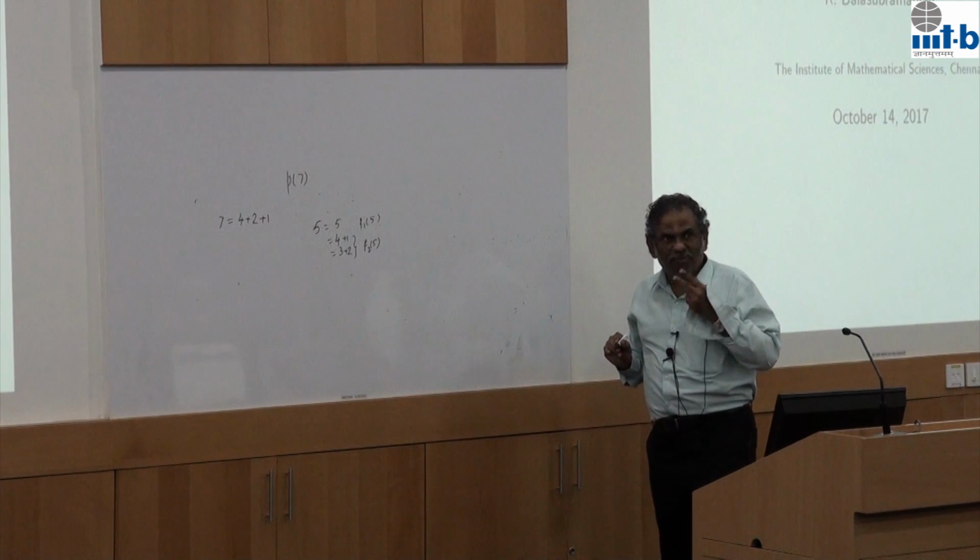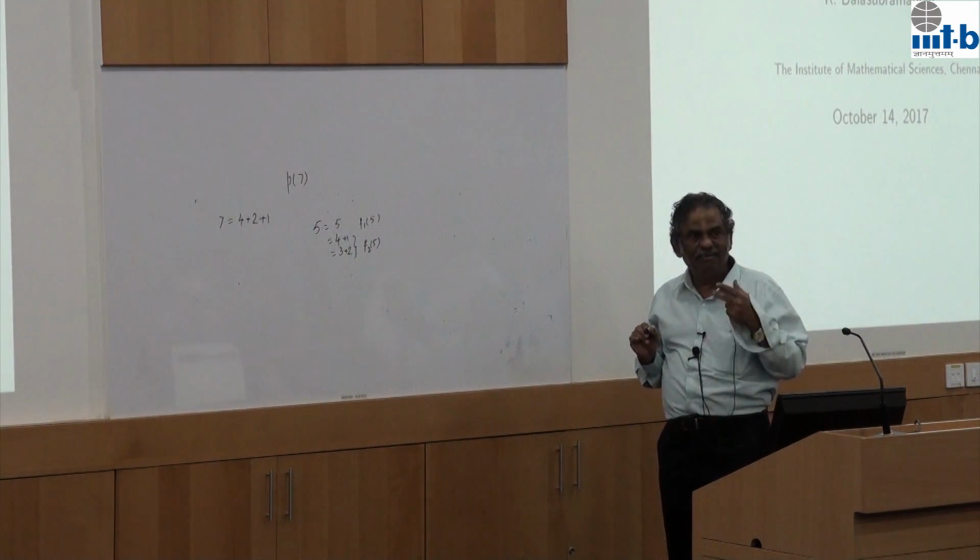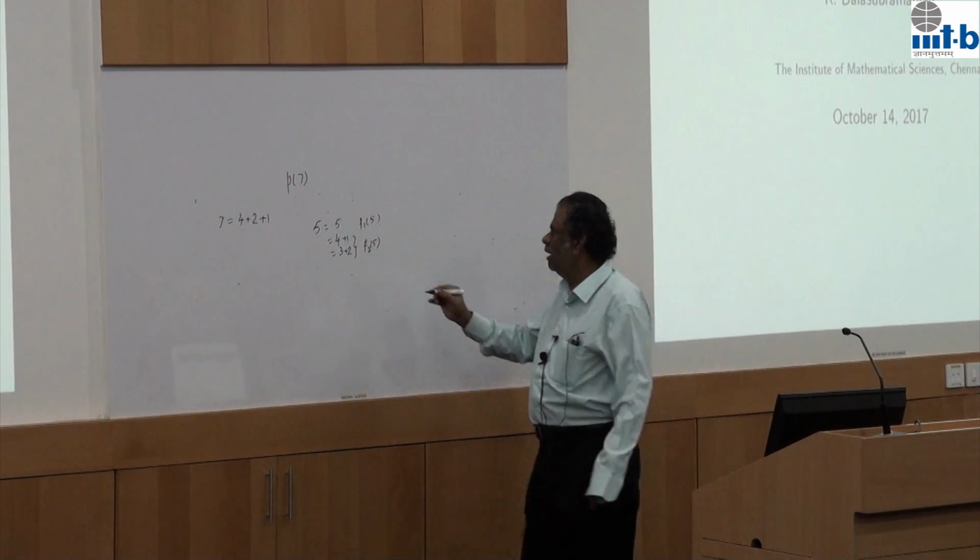You should realize there are precisely 2 ways you can write 5 as a sum of things distinct in the decreasing order: 4 and 1, 3 and 2, and there is no other way.